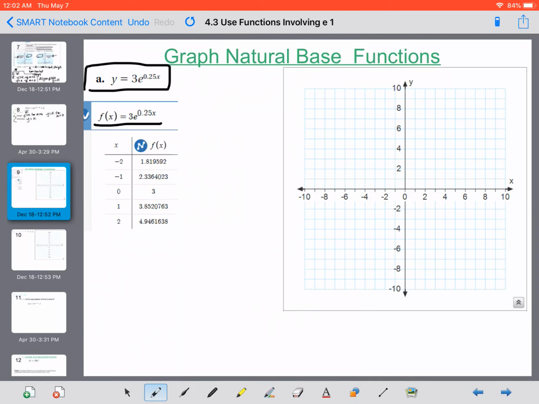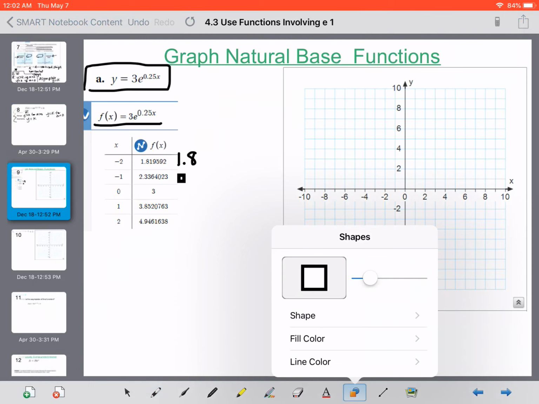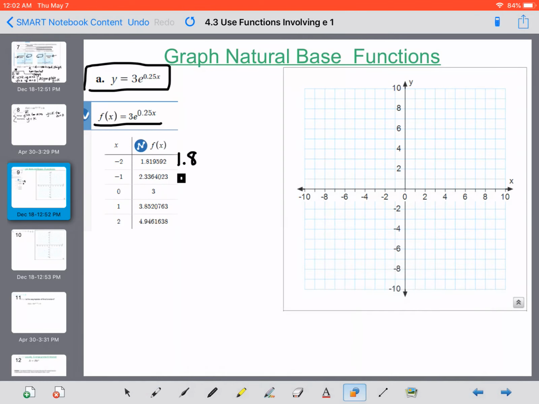So when x is negative 2, y is approximately 1.819592. Just for graphing easily, let's round that to 1.8, round to the nearest tenth. When x is negative 1, y is 2.3.